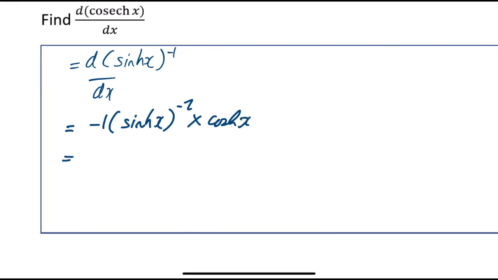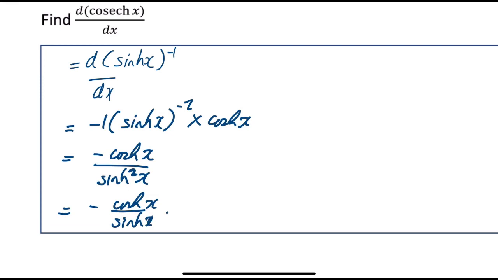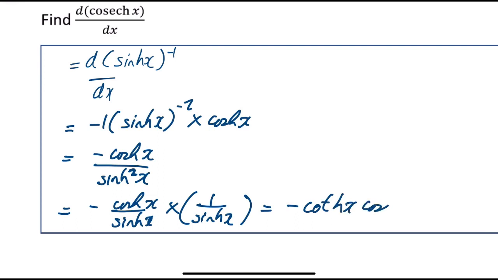And then that becomes minus hyperbolic cos of x over hyperbolic sine squared of x, which is then the same as minus hyperbolic cos of x over hyperbolic sine of x times 1 over hyperbolic sine of x, which is the same as minus hyperbolic cot of x times hyperbolic cosec of x.